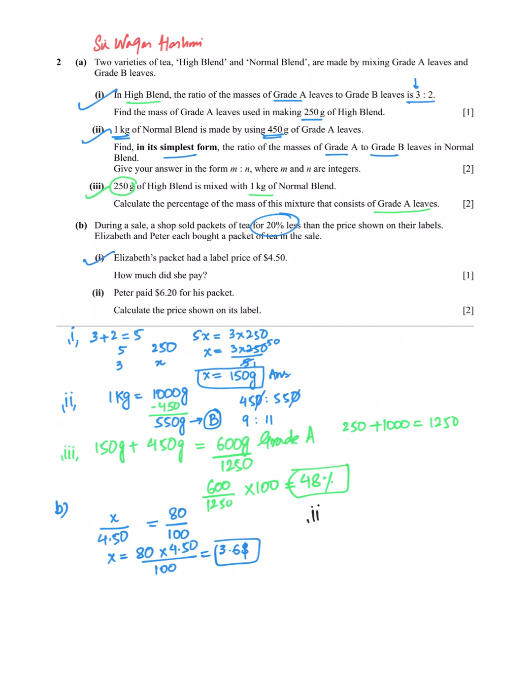For part 2, it says Peter paid 6.20 for his packet. Calculate his price shown on the label. Now the 6.20 price is the 80% price, right? After the deduction of 20%. What is the label price? That means at 100%. So the label price is $7.75, and that is your answer for part 2.